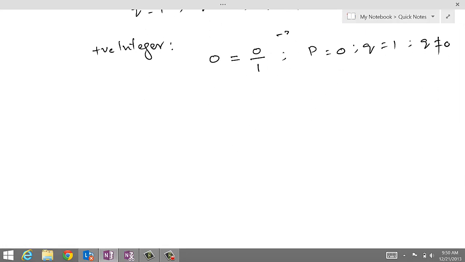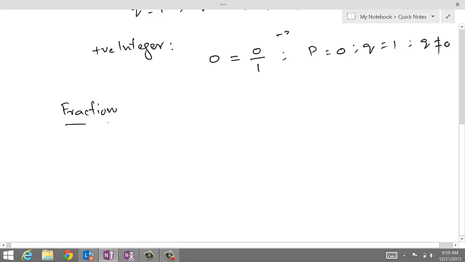Now let's take a look at fractions. So all the fractions come in 3 different forms. Either they are mixed fractions, improper fractions, or proper fractions.